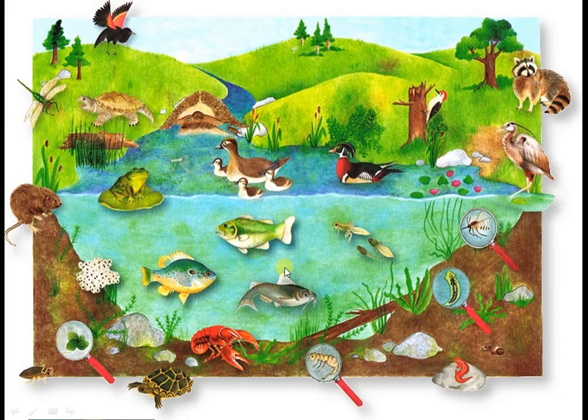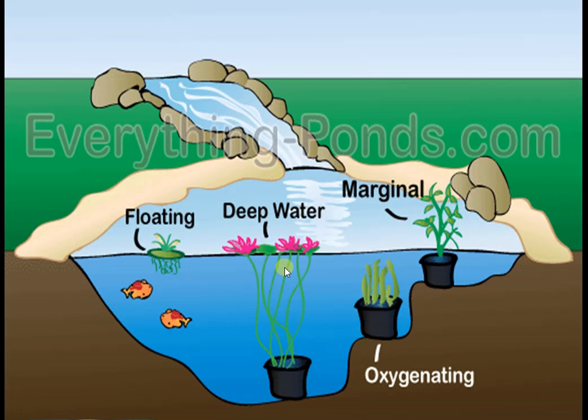To study them more closely, we need to see the different regions in the pond where communities of some organisms are present. Which animals and plants do you think would live on the surface of the pond?